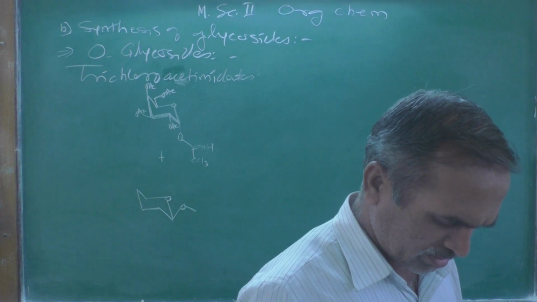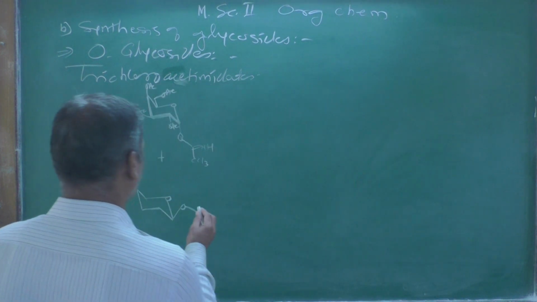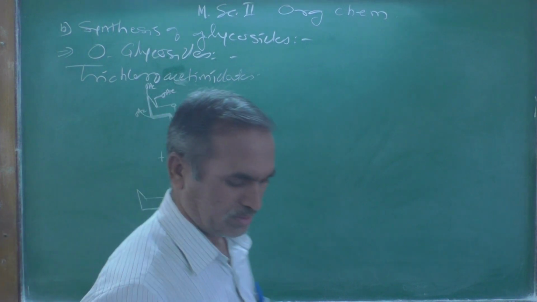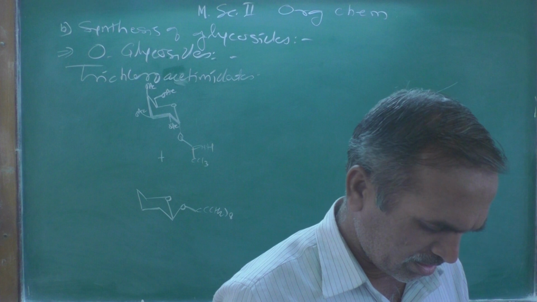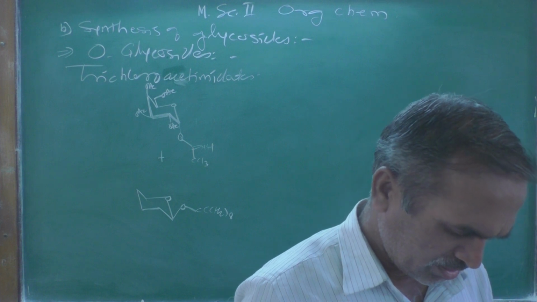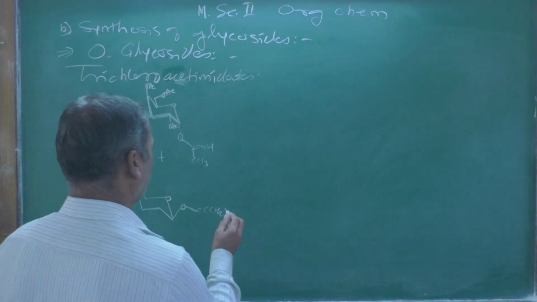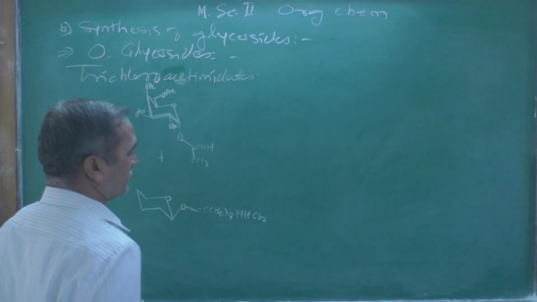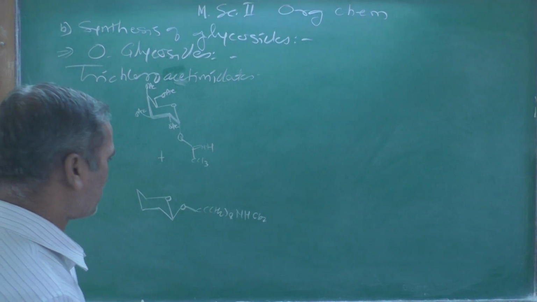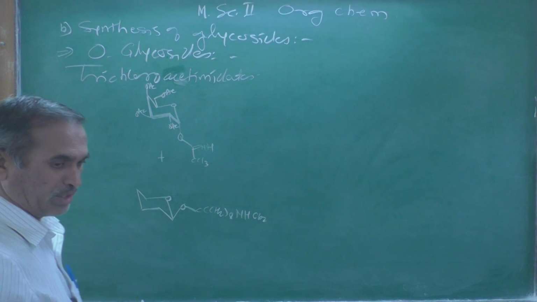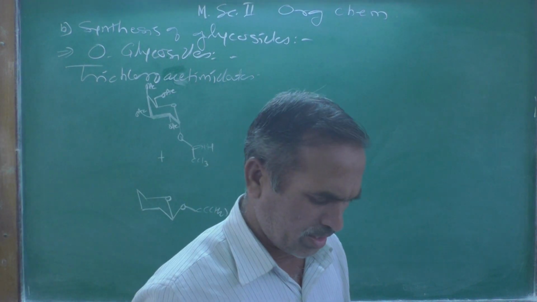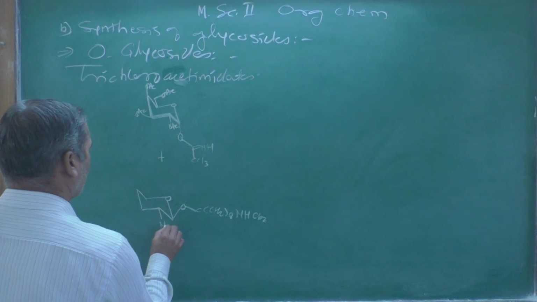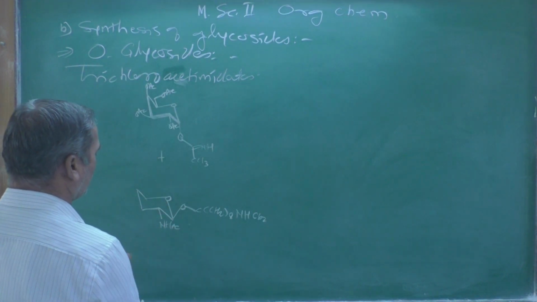One is O, then another bond is CH2 twice, then NH-CBZ, then NHCBZ, that is a carbamate group, that is an amino protecting group over there, and then NHAc. Here you can write NHAc acetyl group.